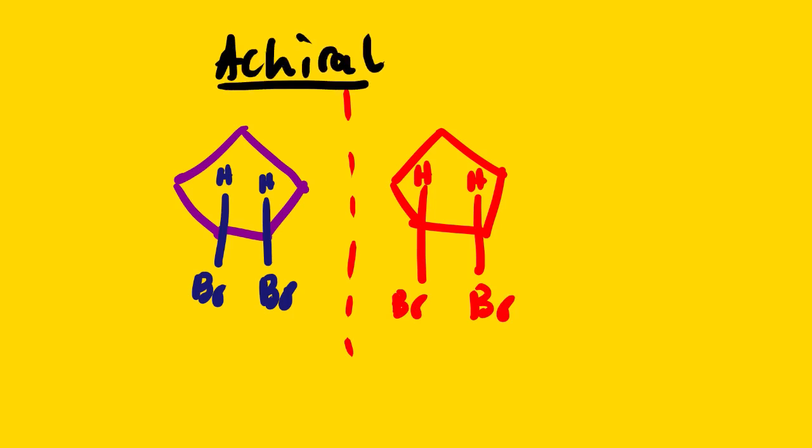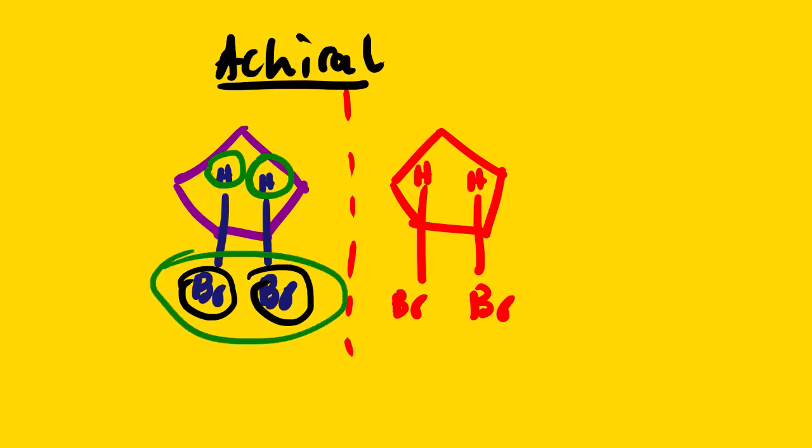As you can see, the images are the same. And then the name for this, look at these groups, Br and hydrogen here. Since these groups are on the same side, we say this is cis. This simply means the same side.